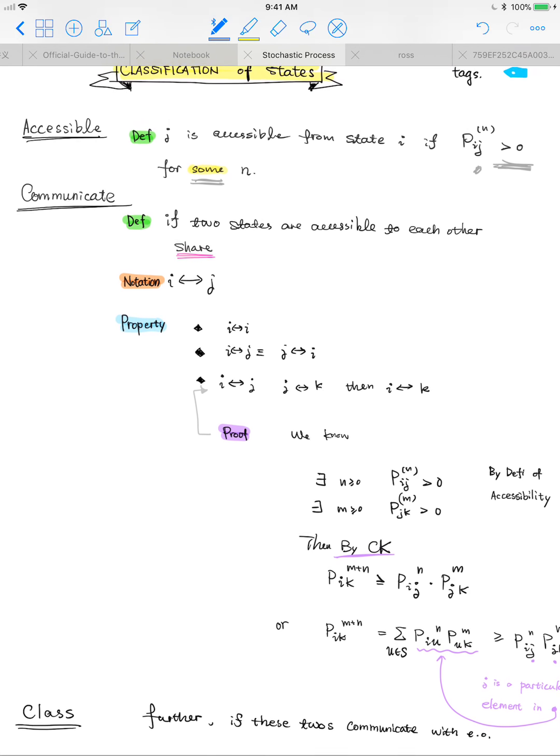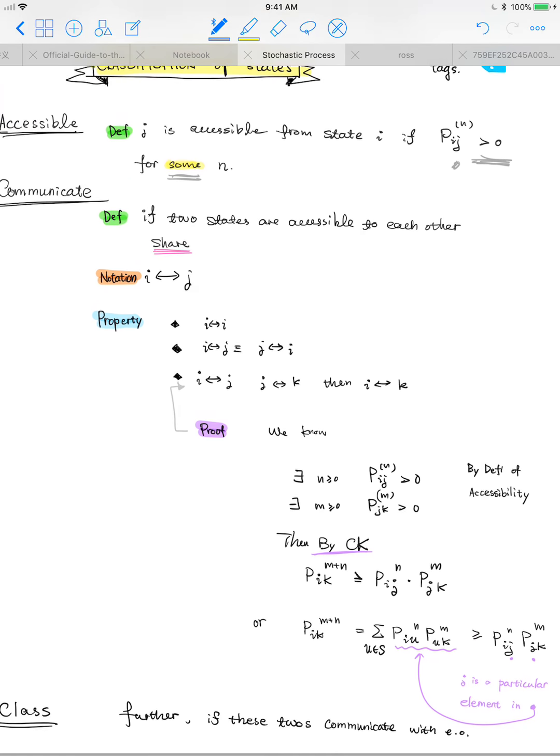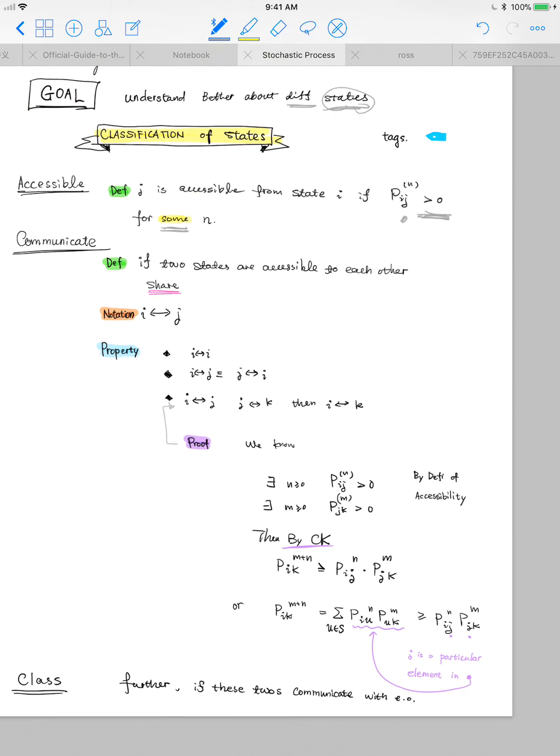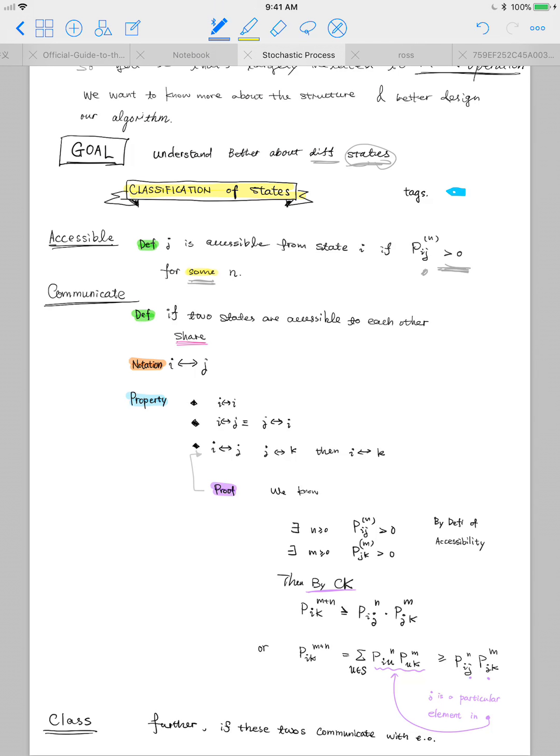The second definition is about communicate. That is easy by definition. If two states are accessible to each other, then we say they communicate with each other, and we notate it as I communicates with J. It simply says that the two states communicate with each other, sharing some same properties.